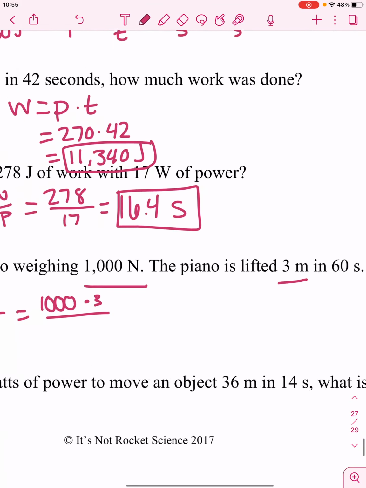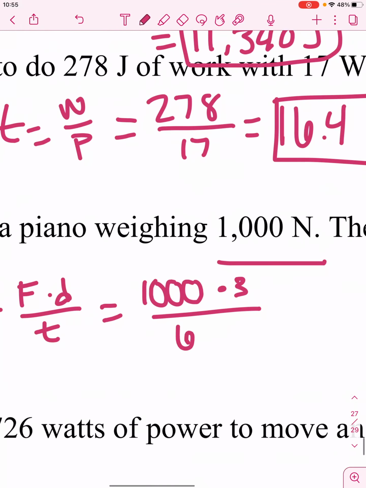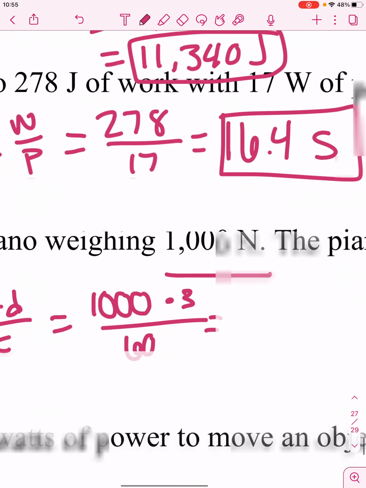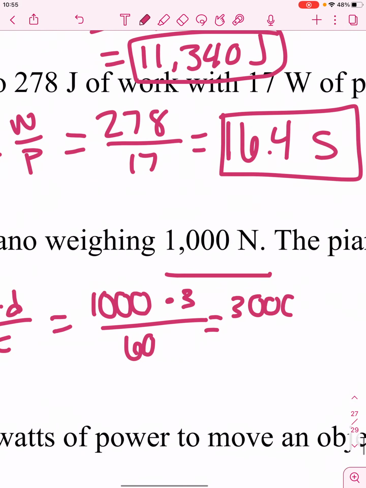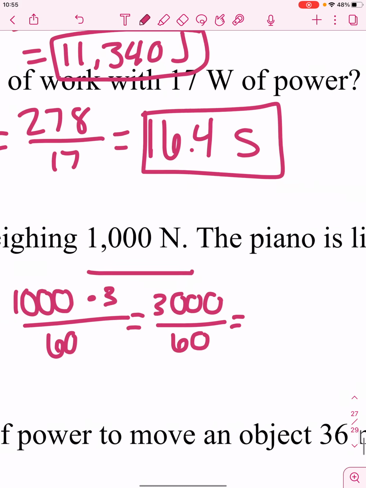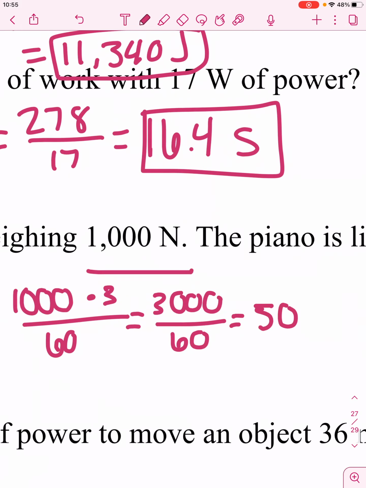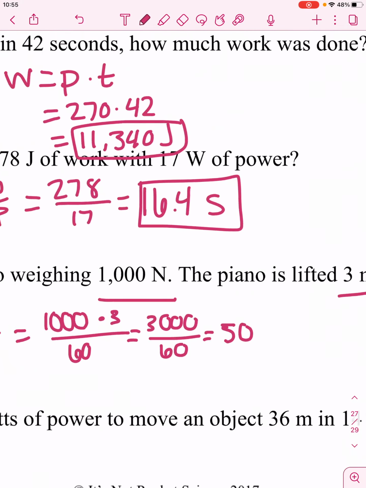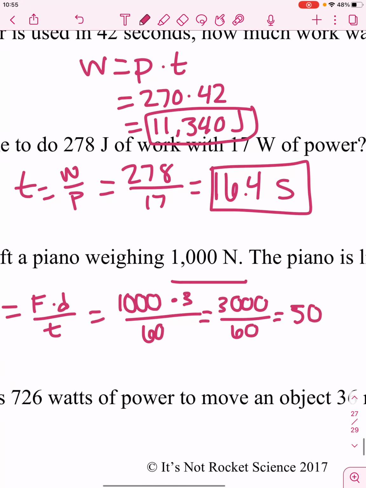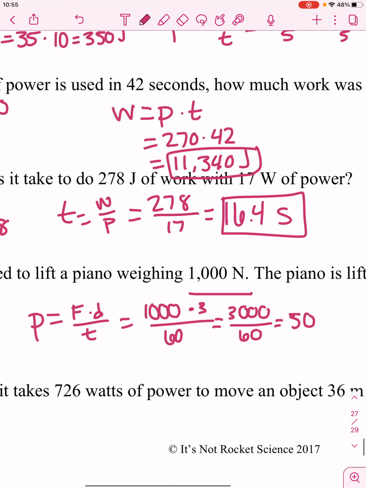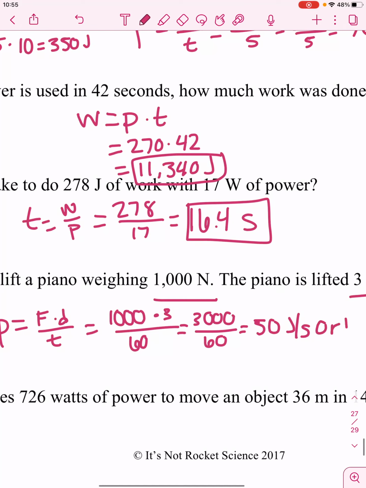And then my final units are power units, which should be joules per second or watts. Like I said, you don't always have to put down both of them, but I kind of change it up depending on which one I want to use. All right, so again, my work had to be F times D.